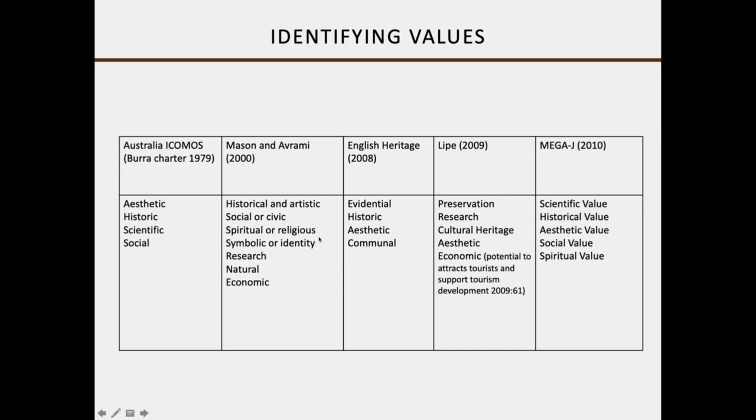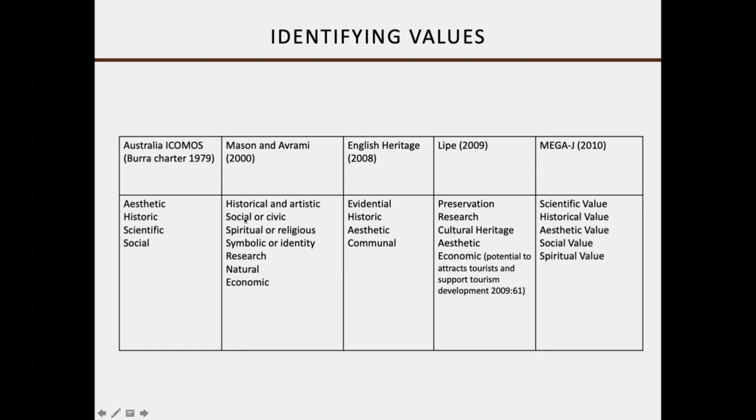The first one is from the Australia ICOMOS Burra Charter, which is one of the first and most important guidelines defining cultural heritage values, which puts the identification and understanding of significance as a first step before developing any policies and management plans.